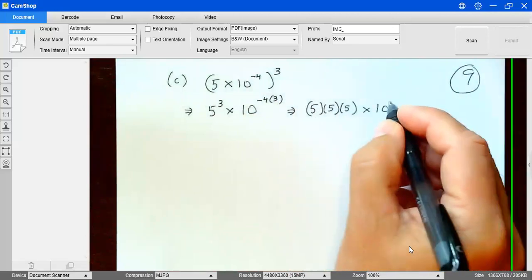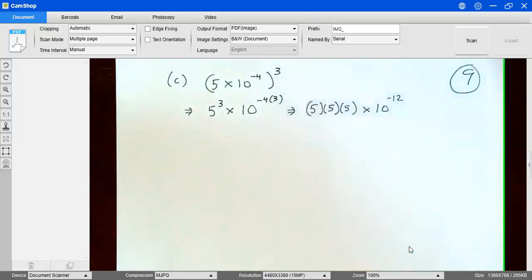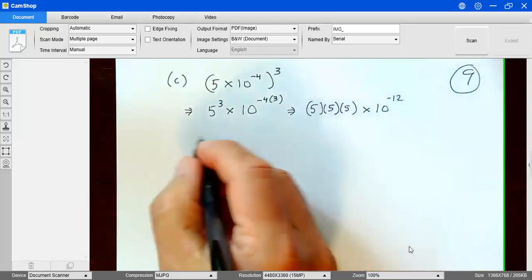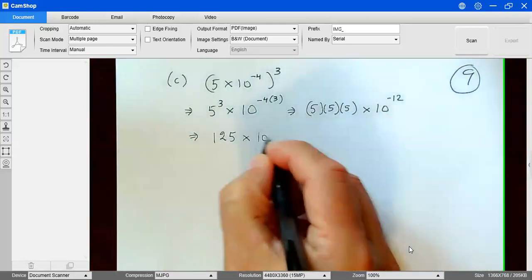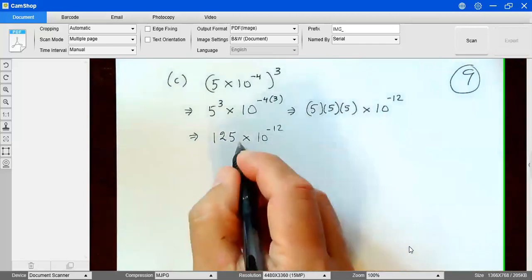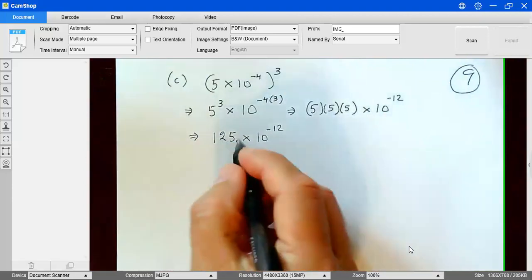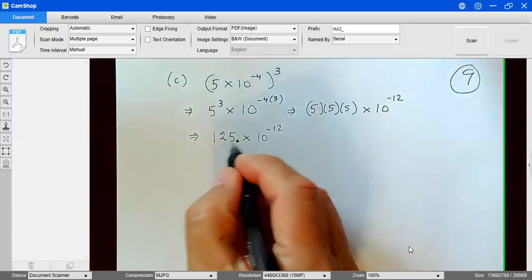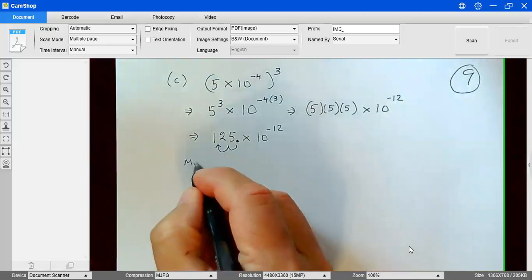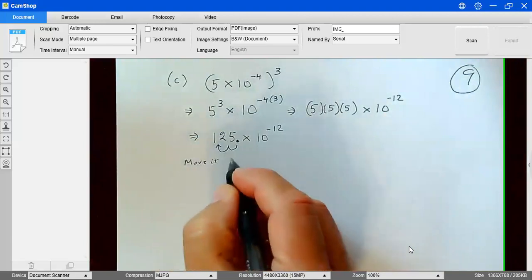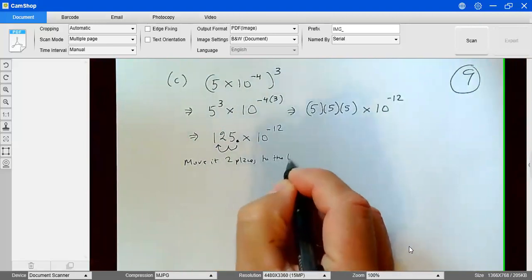times 10 to the negative 12. So 5 times 5 is going to be 125 times 10 to the negative 12. The decimal point goes here. So is this a mantissa? No, because it's a huge number. I need to move the point 1, 2 units. We need to move the decimal point 2 places to the left.